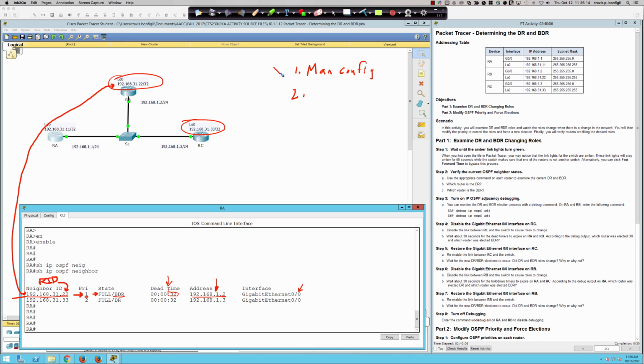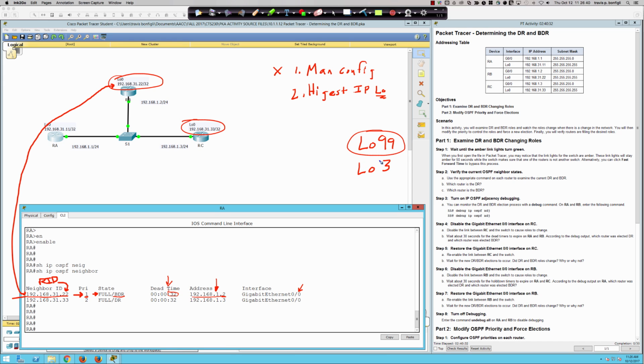Now, if you don't manually configure it, OSPF, when it starts up, is going to look for the highest IP'd loopback address. And so what does that mean? Does that mean if I had interface loopback 99 and interface loopback 3, that it would pick 99?